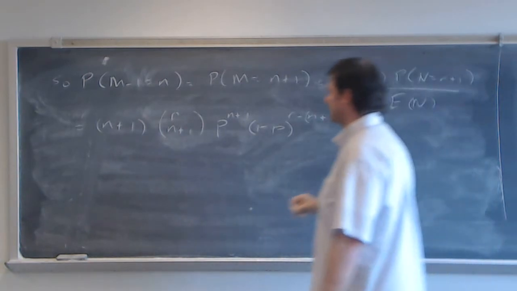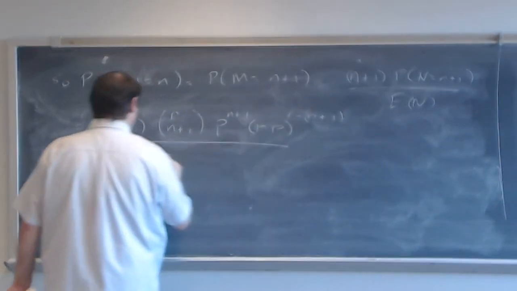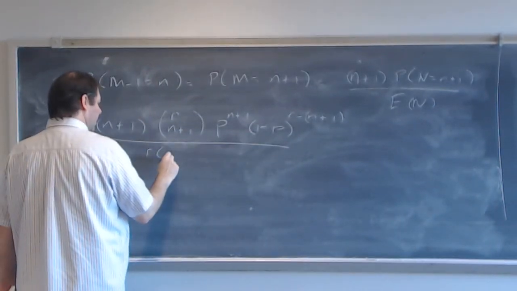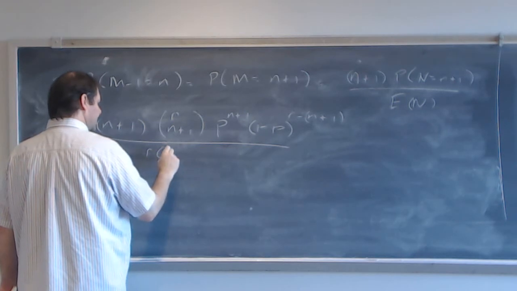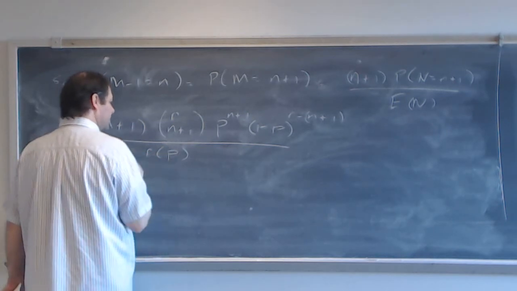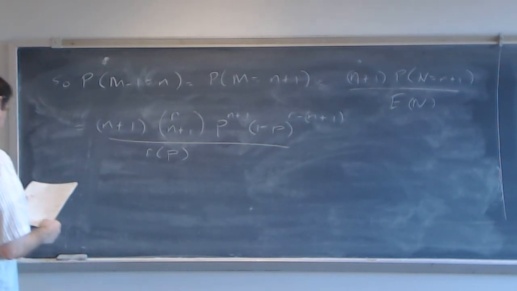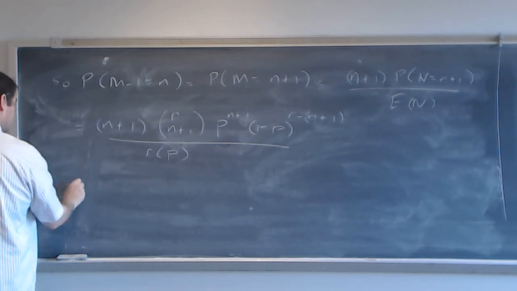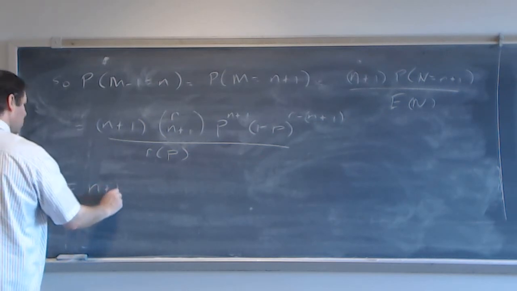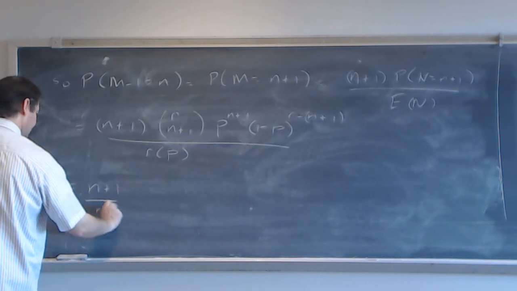And then the expected value of n is nothing more than r, the number of times we did it, times p, the probability of success. Okay, that's what it should be. All right, just checking my work. Yeah, that's exactly right. Okay, this is equal to n plus 1 over r times p.